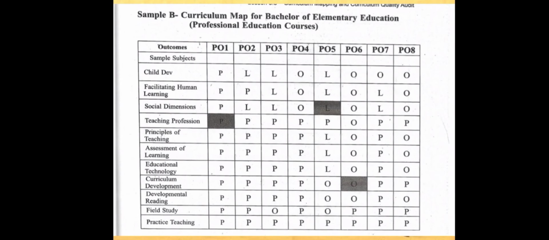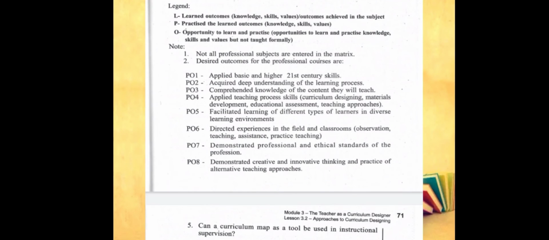So the sample subjects are child development, facilitating human learning, social dimensions, teaching profession, principles of teaching, assessment of learning, educational technology, curriculum development, developmental reading, field study, practice teaching.